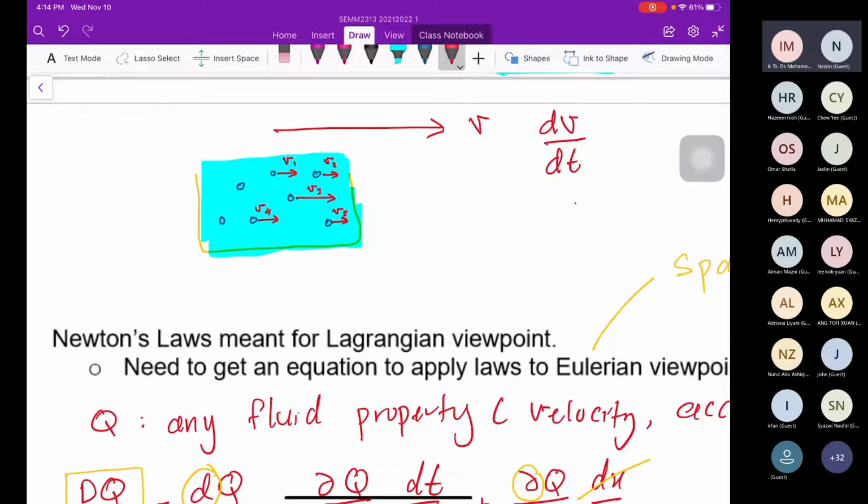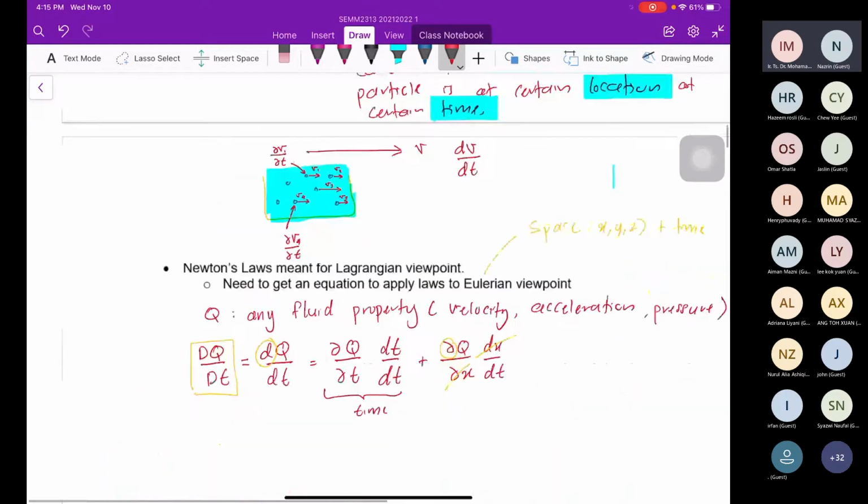So partial means it is considered as an individual velocity. To get the acceleration for this particle, we take the partial derivative of v over the partial derivative of time. Same goes for here, the partial derivative of v4 over the partial derivative of time. So far I hope you understand the difference.